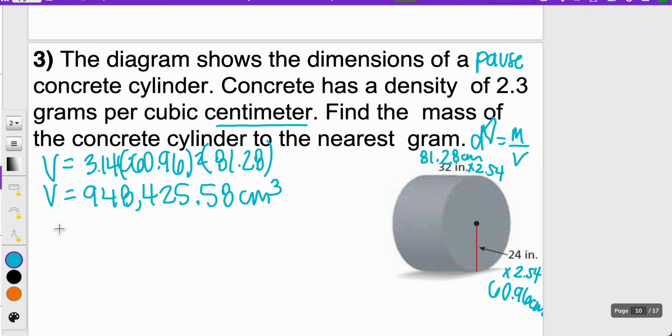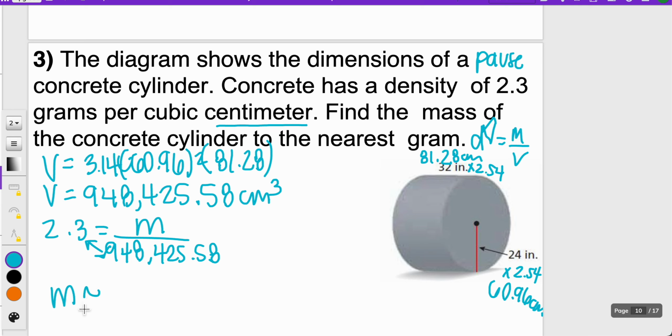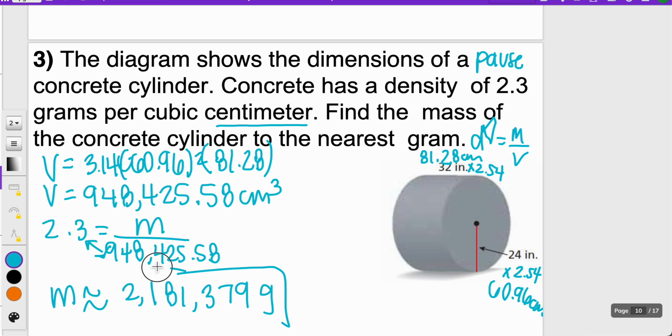Okay, now let's take that density. 2.3 is my density, finding my mass over 948,425.58. We're essentially multiplying your density and your volume to find your mass. So mass is approximately, to the nearest gram, 2,181,370. We'll go ahead and round that to 9 grams.